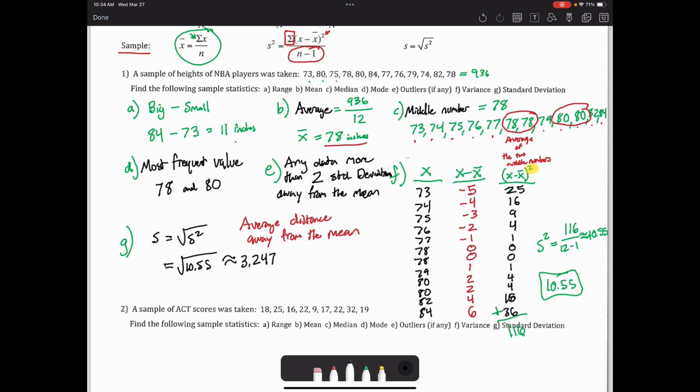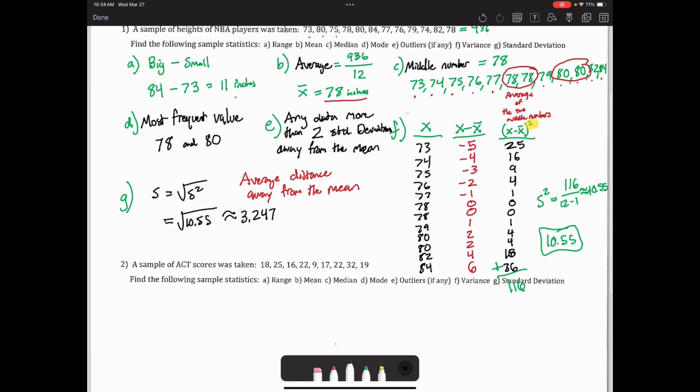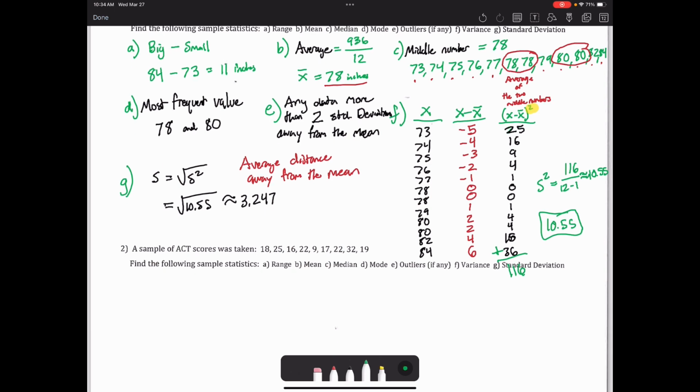In our data, do we have any data points that are more than 2 standard deviations away from the mean? Well, there's my standard deviation. So what would 2 standard deviations be? Well, that's just 2 times 3.247, which is equal to 6.494. So almost 6.5.